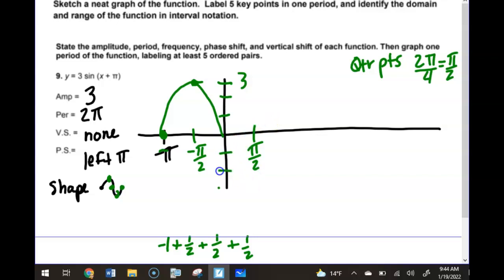So we'd have negative 3 for where it hit a min. And what's the next quarter point? Negative 1, negative 1/2, 0, 1/2, and just 1 pi.